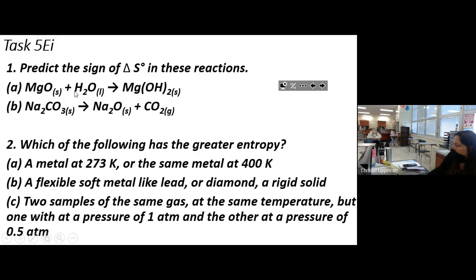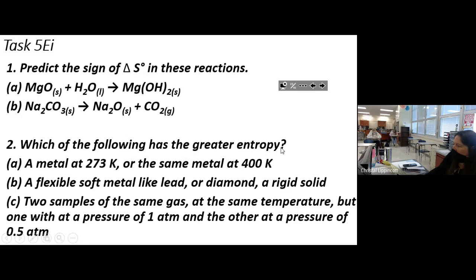A. It's going to be a negative because it goes down in moles. It goes down in moles, and you've taken a liquid and gone solid. Here, this one's going to be, well, they want to know sign, positive or negative? Positive. Okay.